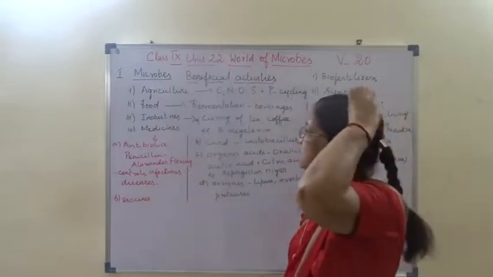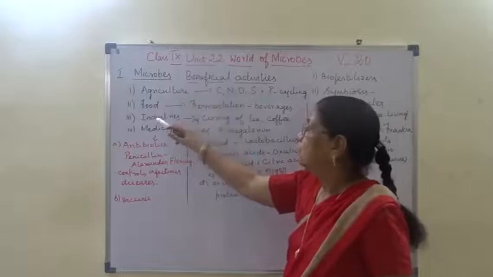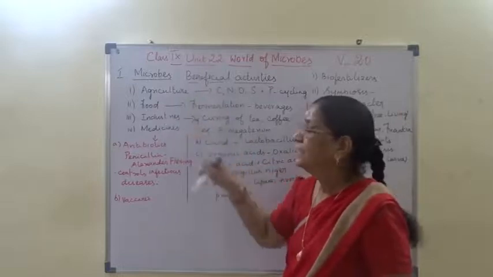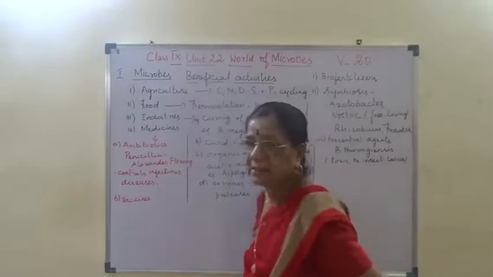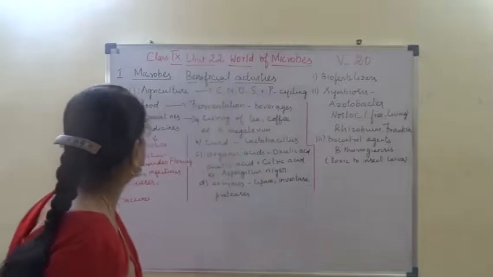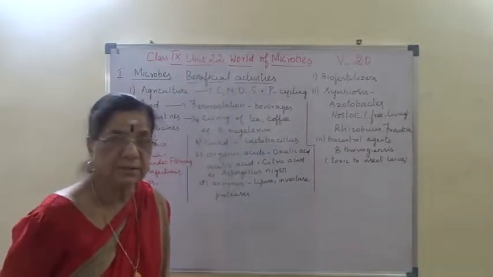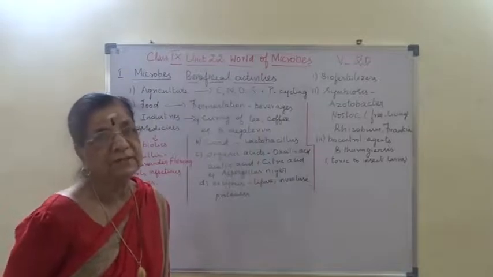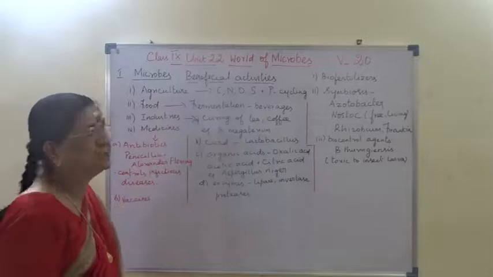Now these beneficial activities are in agriculture, food, industries, and medicine. Beneficial activities in agriculture, food, medicines and industries. Now the first one is agriculture.